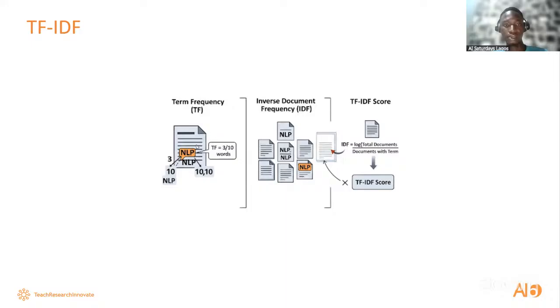let's say we have seven documents, right? We have 7 different documents. Now say that if a word occurs many times in a particular document, that means it is very important in that particular document.